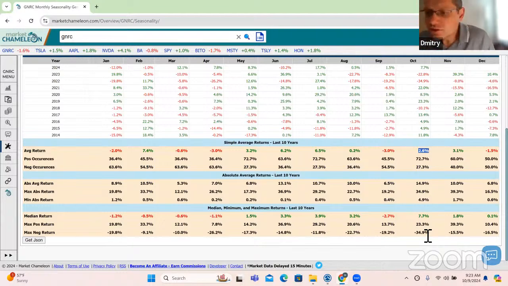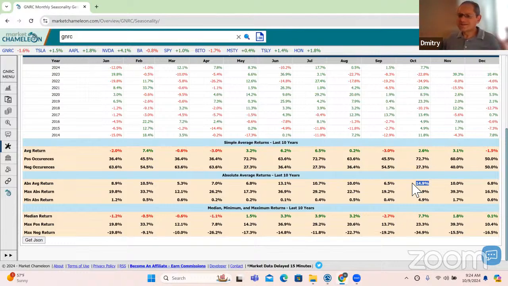And it shows you also the historical risk of returns in this particular stock. You're talking about up moves of 23%. These are max moves, but up moves of 23%, down moves of 34%, almost a loss of a third of its value. On average, up or down, you're talking about almost 15%.